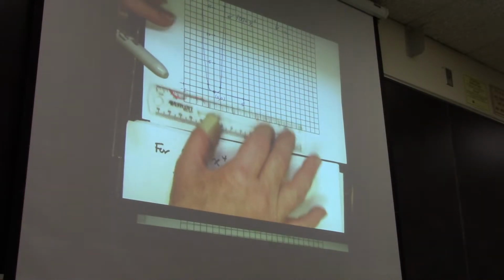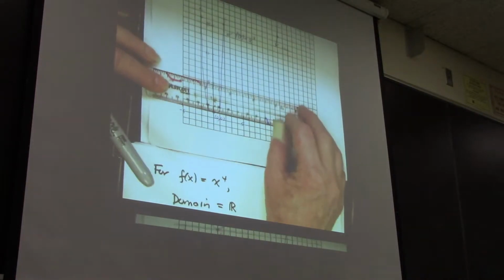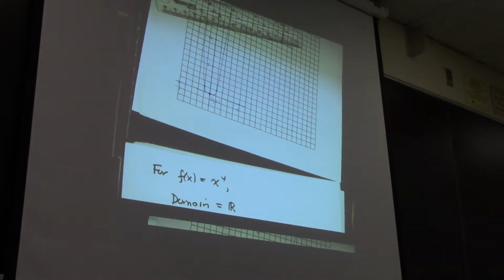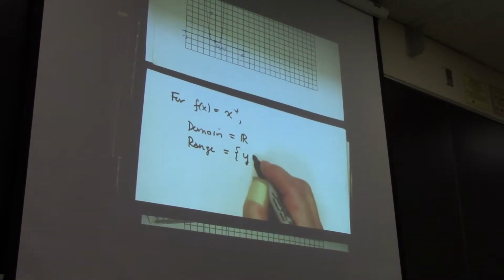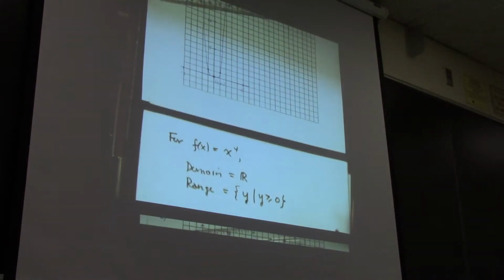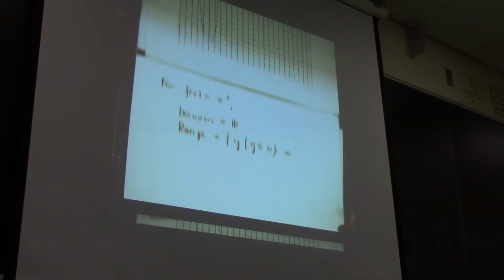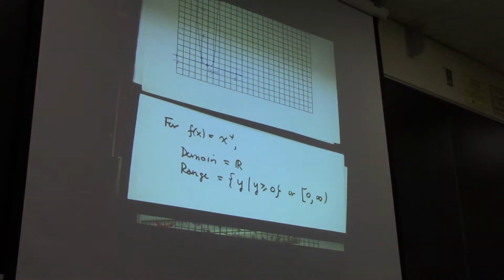But I'm going to get 0 as a y value, and I'm going to get any old positive number as a y value. So in set notation, the set of all y such that y is greater than or equal to 0, or in interval notation, what would it look like? Bracket 0, comma infinity.